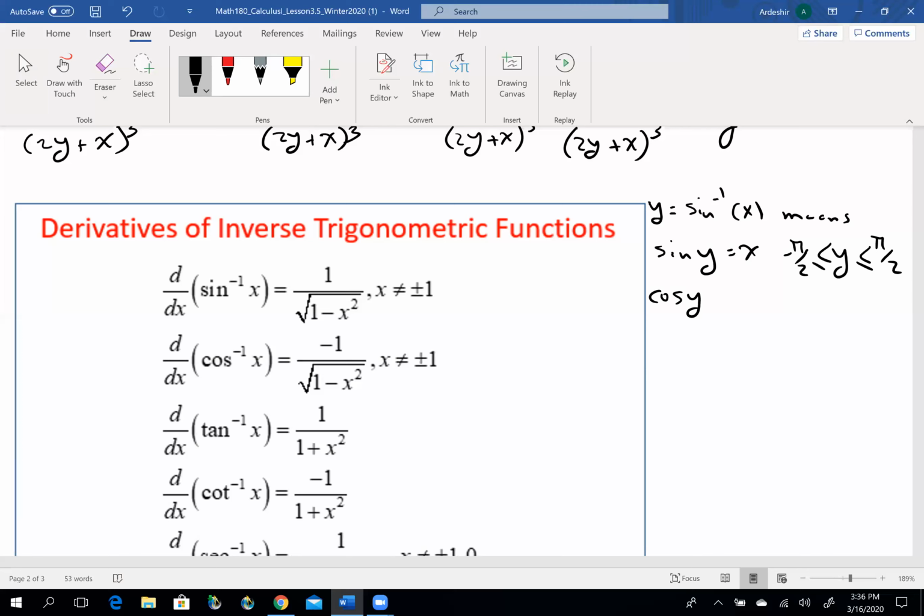Because this is a function of y, and we take the derivative with respect to x, the derivative of the baby y is 1, but because this is dy/dx, I'm going to just say y prime, equal to the derivative with respect to x of x, which is just 1. And again, I'm going to isolate y prime, so divide both sides by cosine of y. So y prime equals 1 over cosine of y.